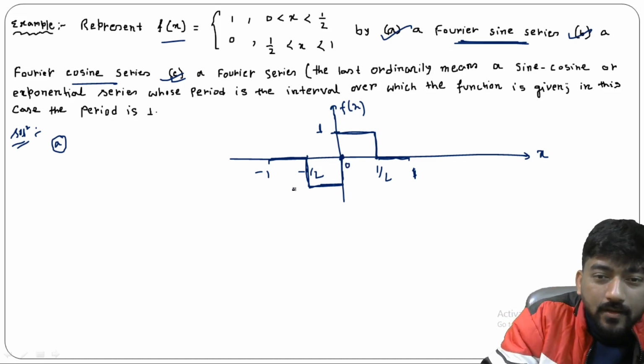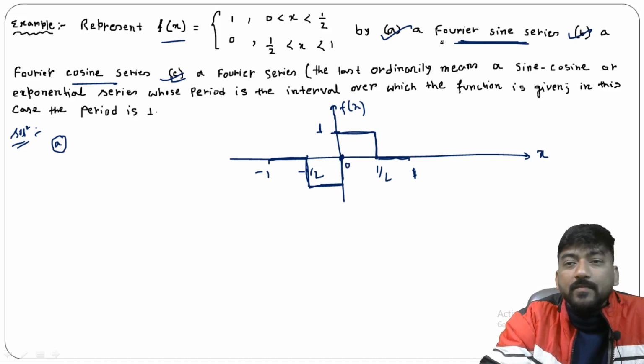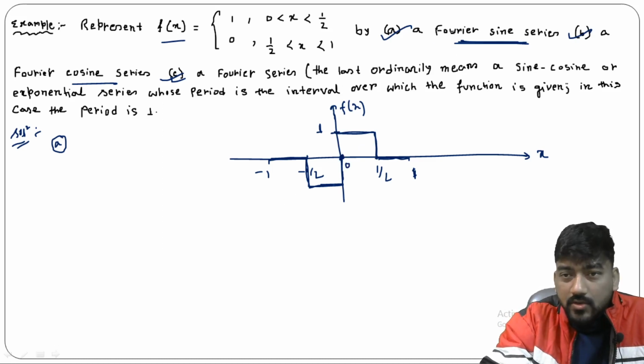Now what you have to do is expand it as a Fourier sine series, because this is now your odd function.